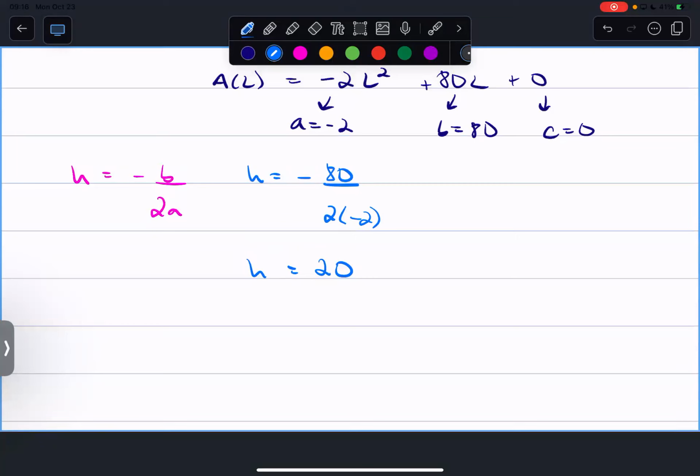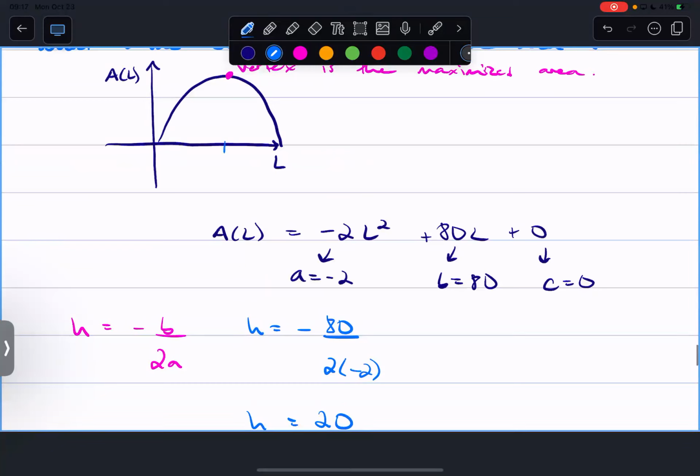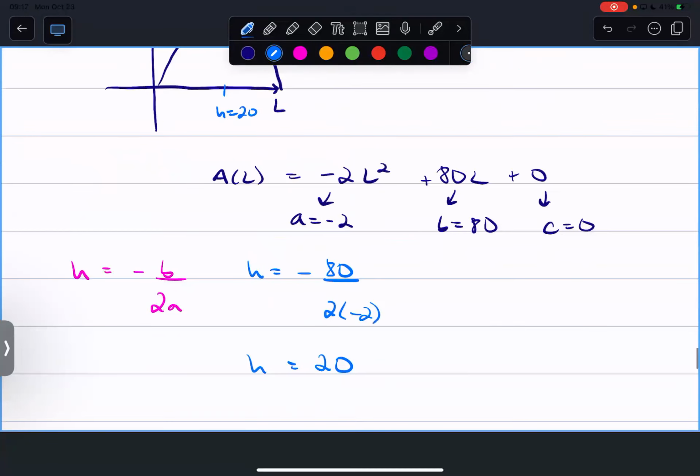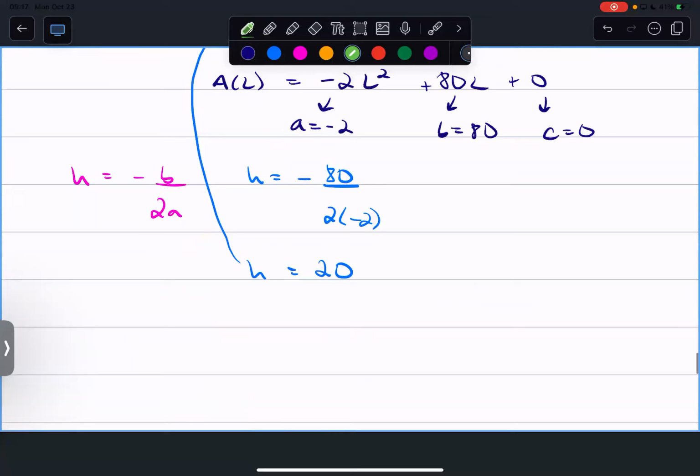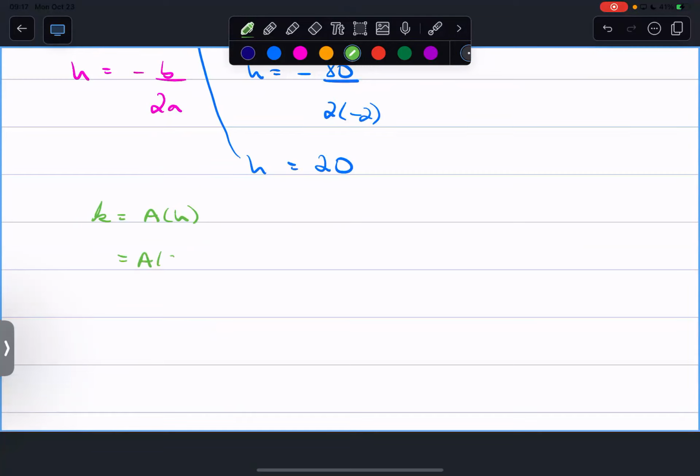What's my K? Well, H, which is really just the value of L that maximizes the area, is 20. Then what we want to find is K, which is really A of 20, or A of H. So K is equal to A of H, which is A of 20.